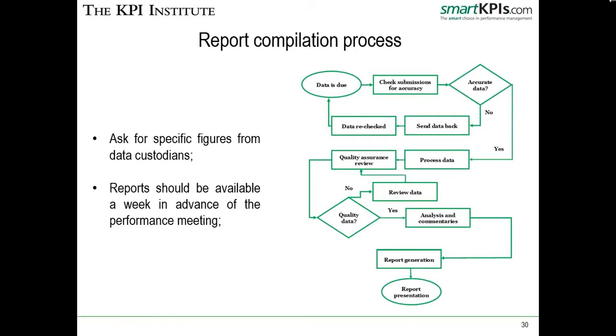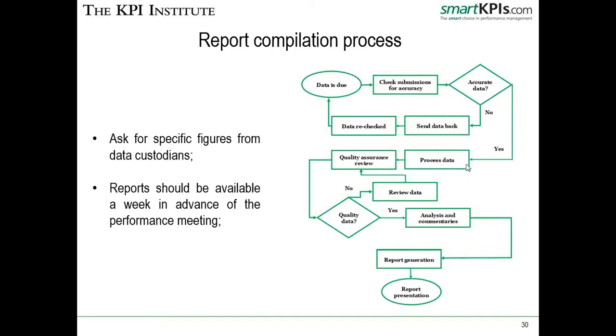If the data is not accurate, we'll send the data back to data custodians and/or the people who are collecting or in charge of the data to recheck the data for an accurate submission.